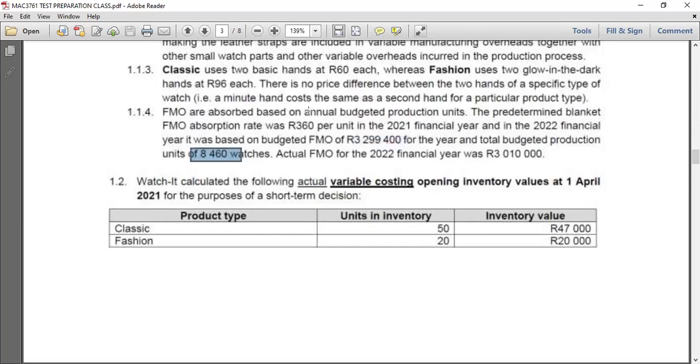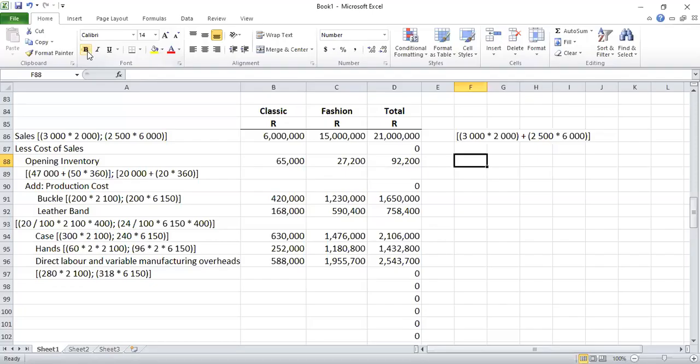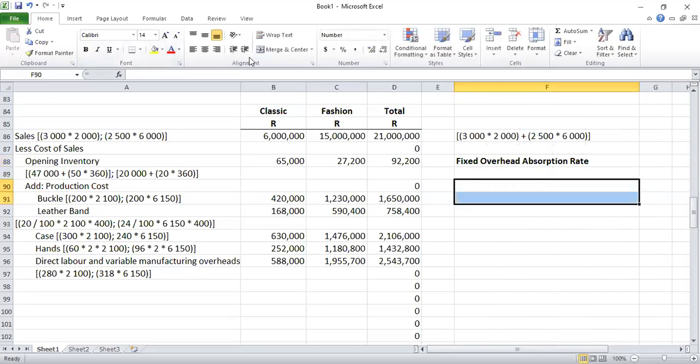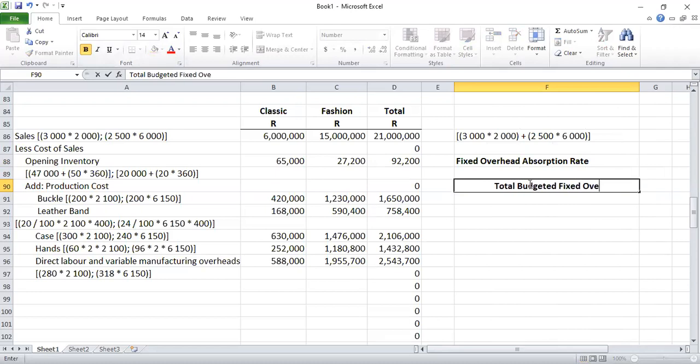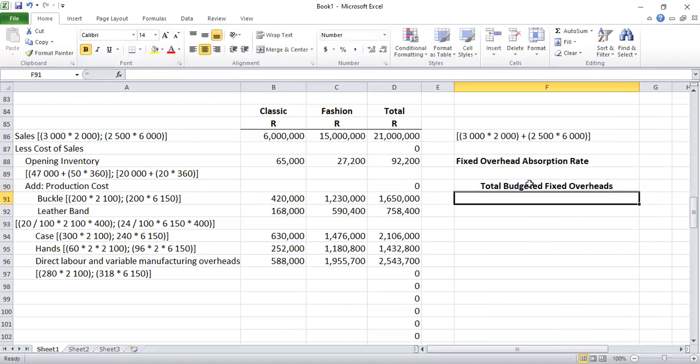So our fixed overheads absorption rate would be total budgeted fixed overheads divided by, what are they using?